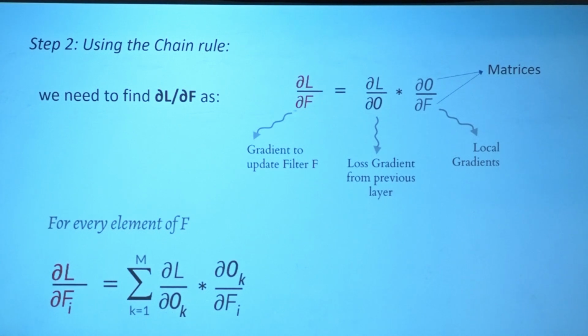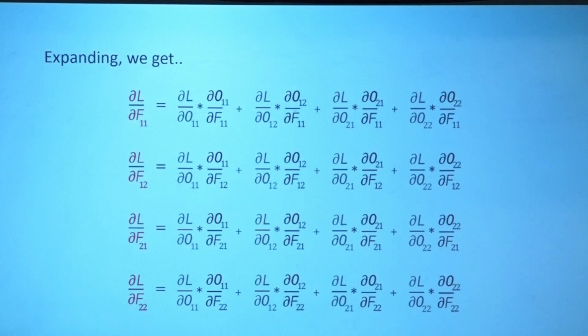Coming to the inner loop, for every element of O, you are supposed to do this multiplication. So for simplicity, the equation is: for every element of the filter, these multiplicative terms are to be added for every element of O. Are you able to catch this? Okay, fine. So now what I am doing, if I expand this one, is it correct?